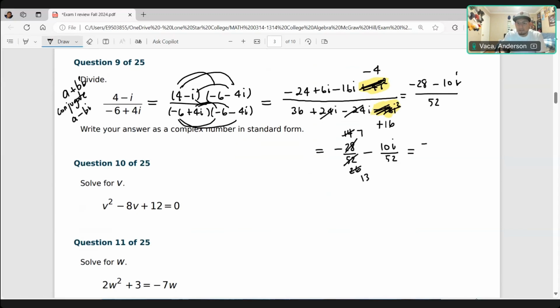So we get negative 7 over 13, minus, these are both divisible by 2, 5i over 26. And notice that in this case, this is the real part, and that's the imaginary part, those complex numbers in standard form.